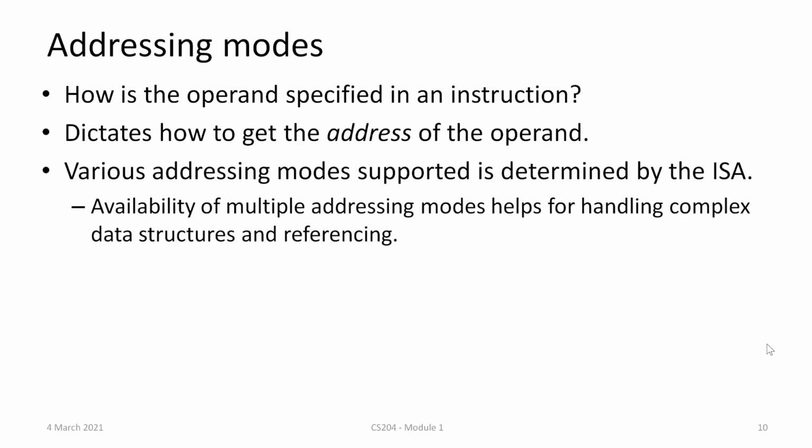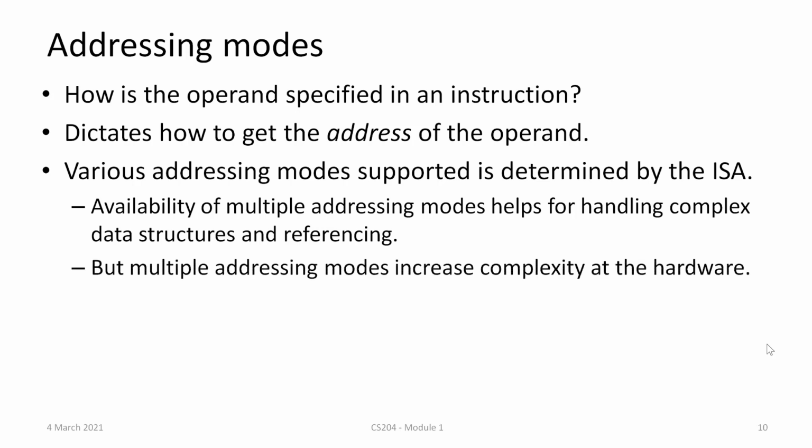If we have multiple such addressing modes, it will help us with handling complex data structures and referring to individual elements in those data structures. But if we have multiple addressing modes available, then you can imagine that at the hardware, to regenerate the address, it needs a little more effort. So again, the discussion on RISC versus CISC would come.